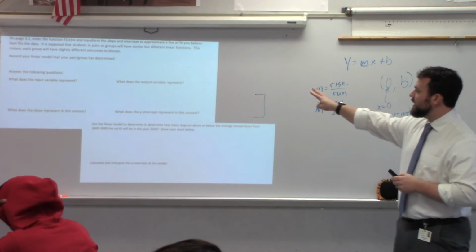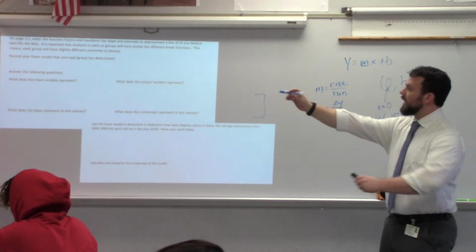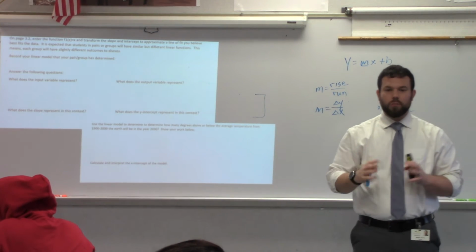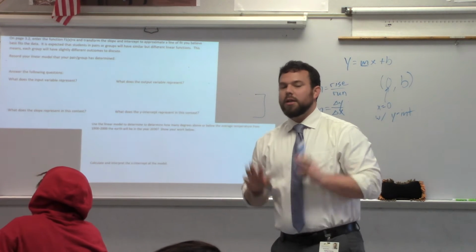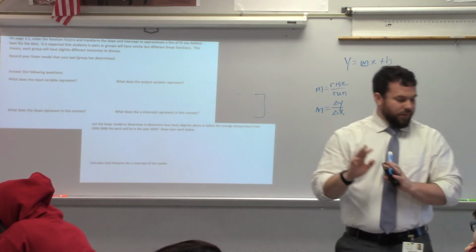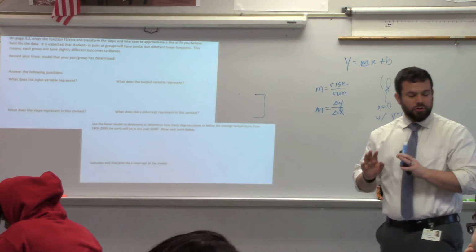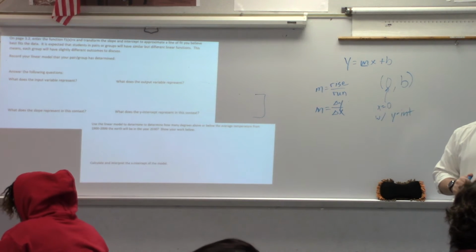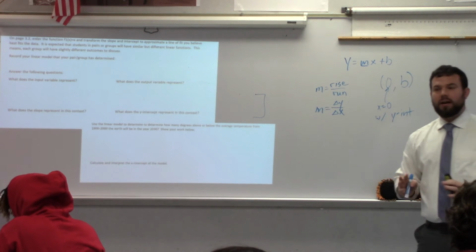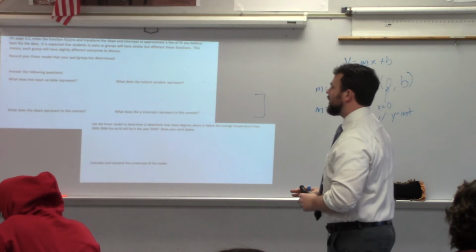Because when we come to here, right, we should already have a linear model that your group already identified. And please note, even if you weren't here yesterday, or even if you didn't get an equation here, you should have an equation that your group has agreed upon. Right? I don't care what equation you have, you should have an equation that you all agree upon.